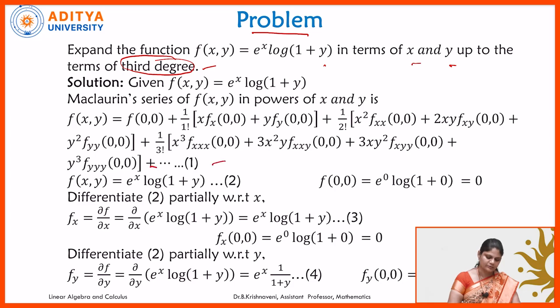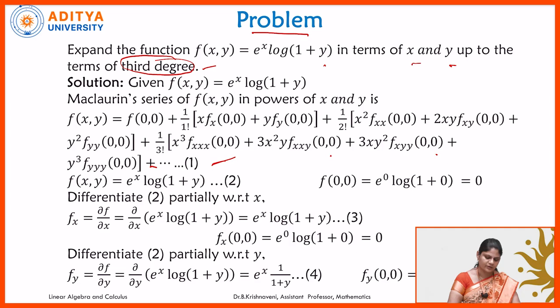Up to third degree we write here: f(x,y) is equal to f(0,0) plus 1 by 1 factorial [x fx(0,0) plus y into fy(0,0)] plus 1 by 2 factorial into [x square fxx(0,0) plus 2xy fxy(0,0) plus y square into fyy(0,0)] plus 1 by 3 factorial into [x cube fxxx(0,0) plus 3x square y fxxy(0,0) plus 3xy square fxyy(0,0) plus y cube into fyyy(0,0)] plus so on.